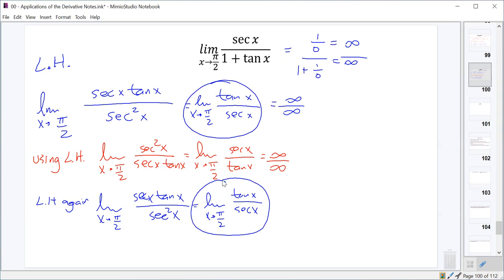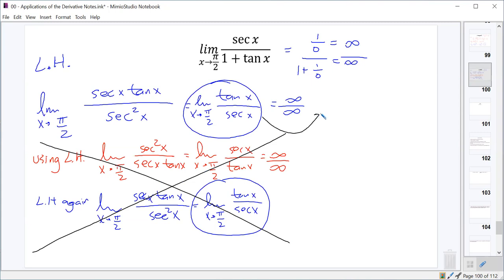So instead of doing all of this, let's just make sure that as soon as we can simplify our trig fully, we do. So I'm going to just jump back over here and say, this is the same as the limit as x approaches pi over 2 of tangent x, which is sine x over cosine x, all over secant x, which is 1 over cosine x.